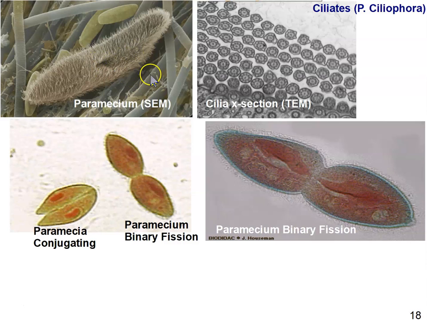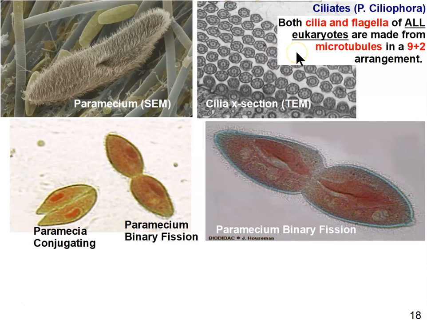of the oral groove. But the purpose of this slide is partially to learn about the structure of cilia and flagella. Cilia and flagella have the same structure. If you look at a cross-section, and that's what we're looking at in this transmission electron micrograph, we're looking at cilia that have been cut, and we're looking at them on end. And you can see the arrangement of microtubules, but you really can't see it that easily in this micrograph.